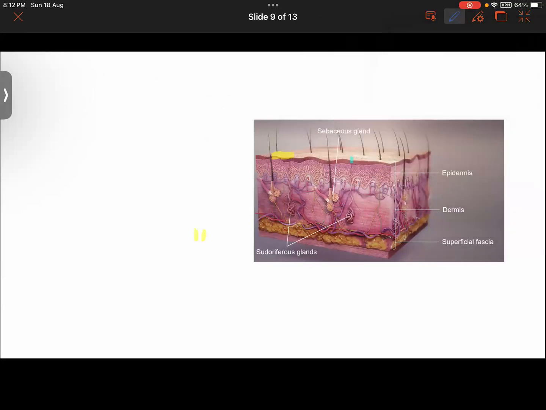Further, we will observe that there would be increased sweating, or increased production of oil. If you look at the structure of our skin, you can see the hair and the root hairs.